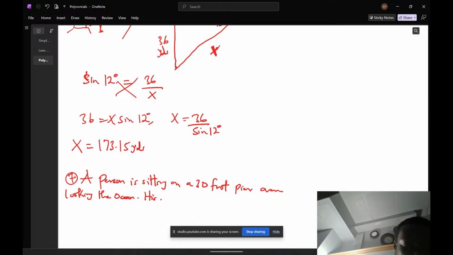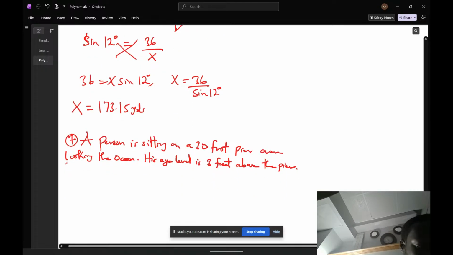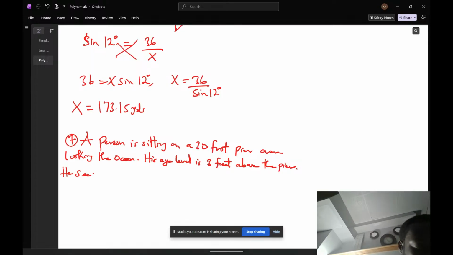His eye level is 3 feet above the pier. Okay. So he sees a whale. He sees a whale surface in the ocean.